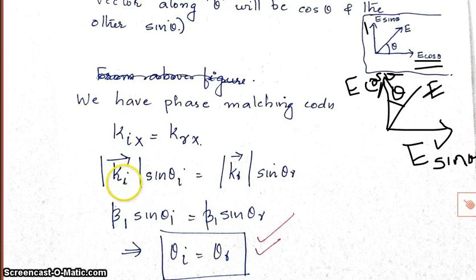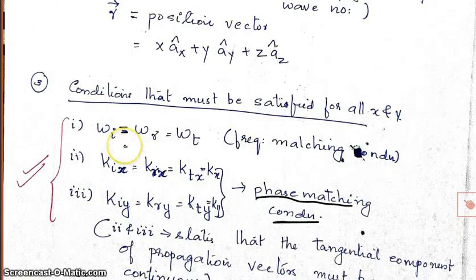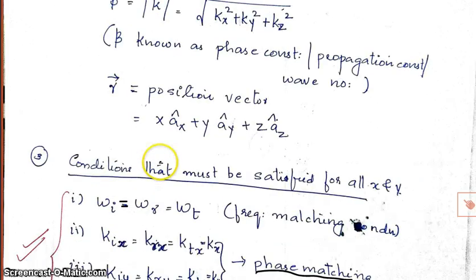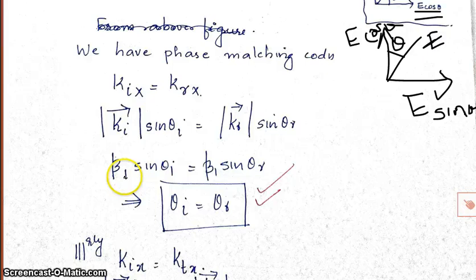And we know what the modulus of our propagation vector is, that is beta. Here it is written: modulus of propagation vector K is beta. So I can write it as beta 1, because Ki is your incident wave which is in your first medium, into sin theta I is equal to, what is the modulus of your KR?